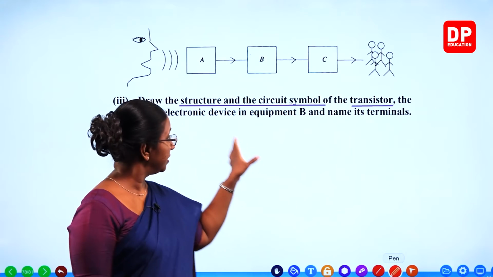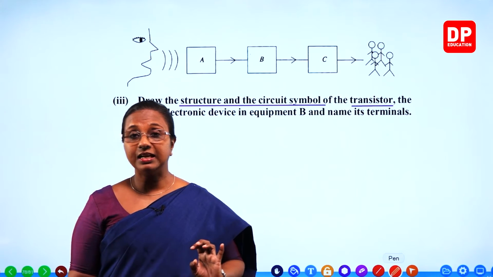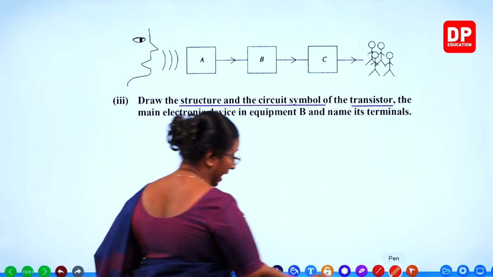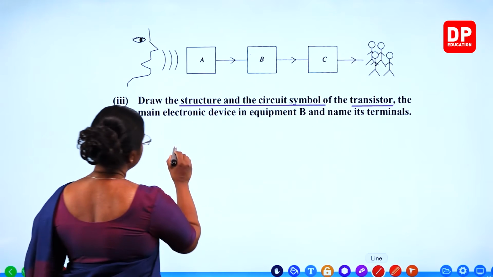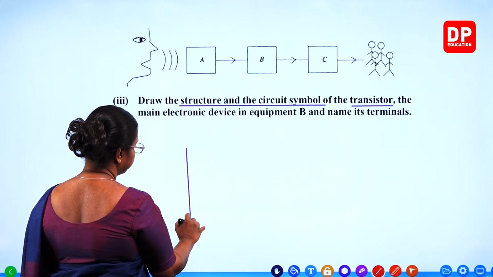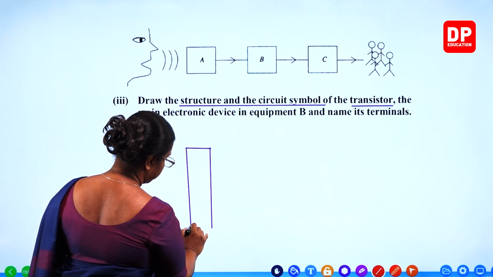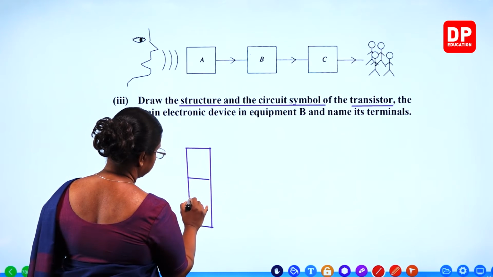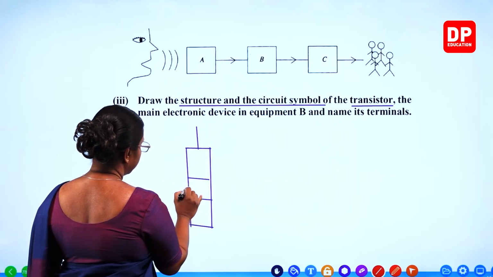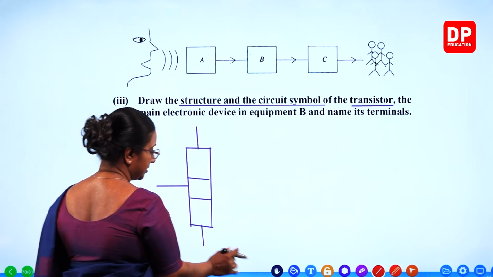So you have to draw the structure and the circuit symbol. If we do that, so structure, it is going to be like that with the 3 terminals.